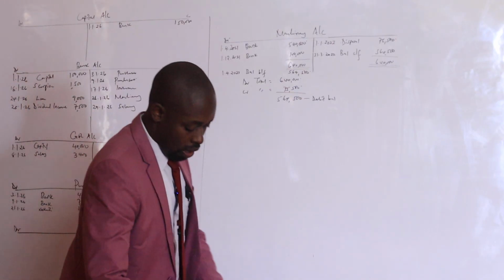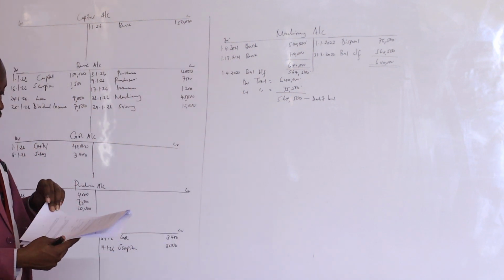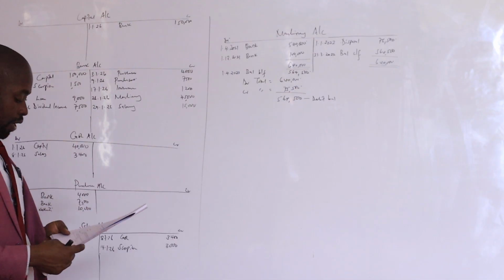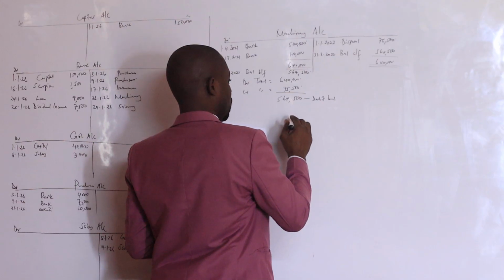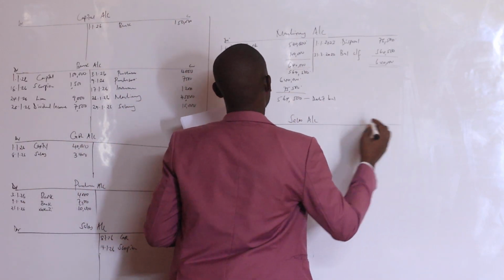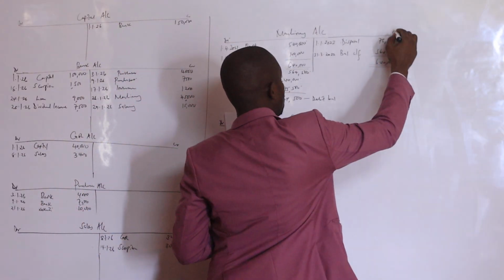Let's look at one for nominal accounts. I want to use the one in the notes so that when you're following the notes, you find it easy to understand them. You've got sales account. You have the debit side. You've got the credit side.